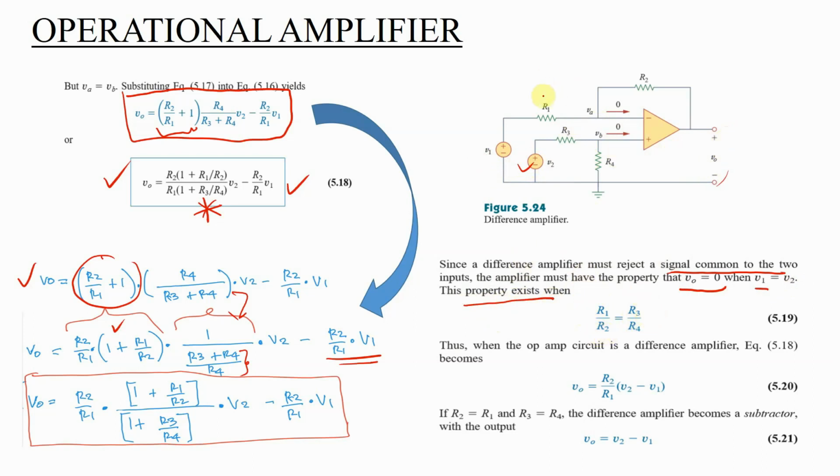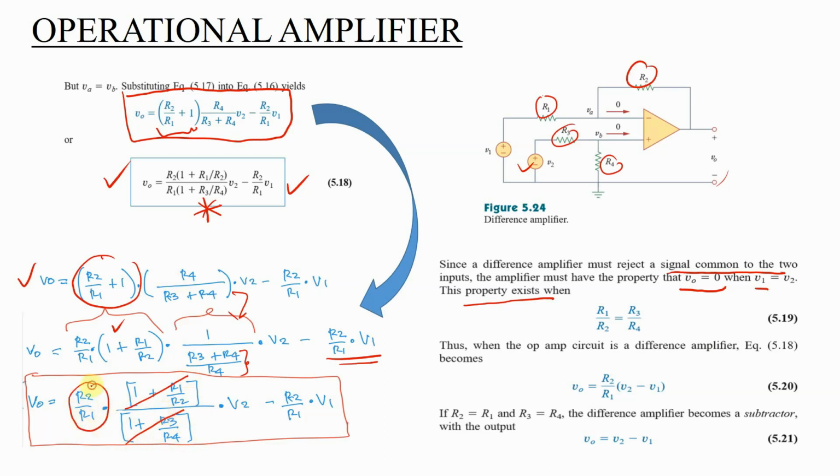When R1 over R2 is equal to R3 over R4, the output will be 0. So from this equation, if R1 over R2 is equal to R3 over R4, then this value here can be cancelled, because 1 plus R1 over R2 and 1 plus R3 over R4 will be equal. We can cancel this one out.